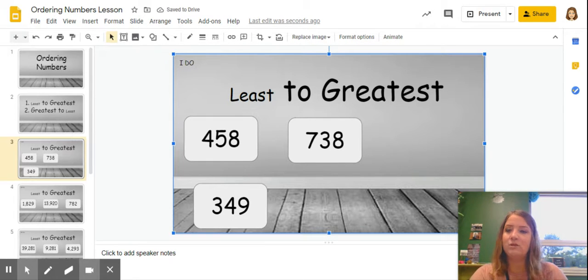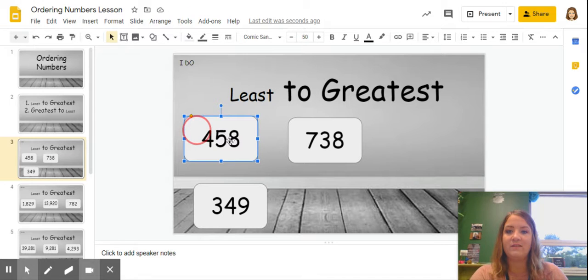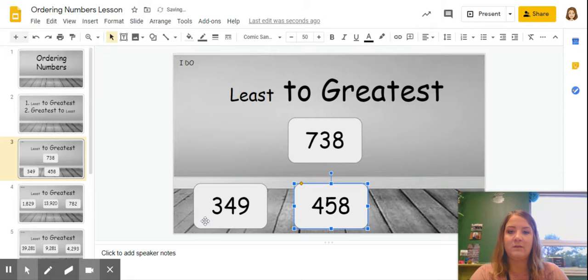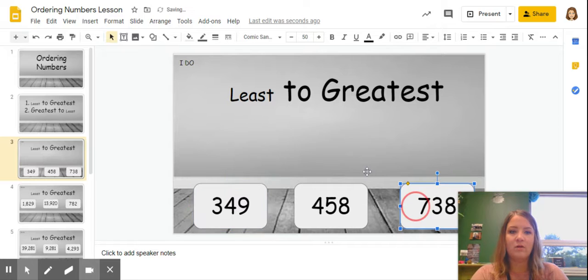So I'm going to take my 458 and put it in the middle here because I'm going from least to greatest. So 349 is the smallest number. Next would be 458. And the greatest would be 738. So this is what it would look like in order of least to greatest.